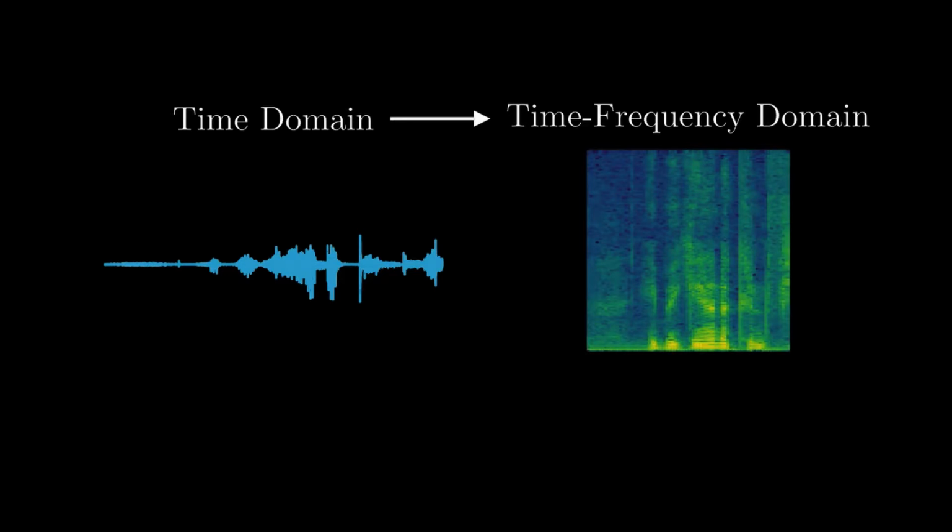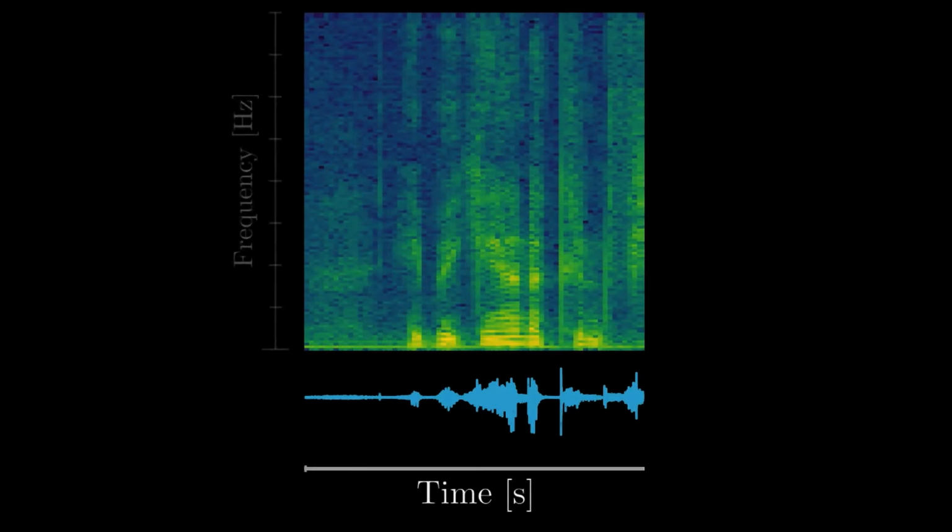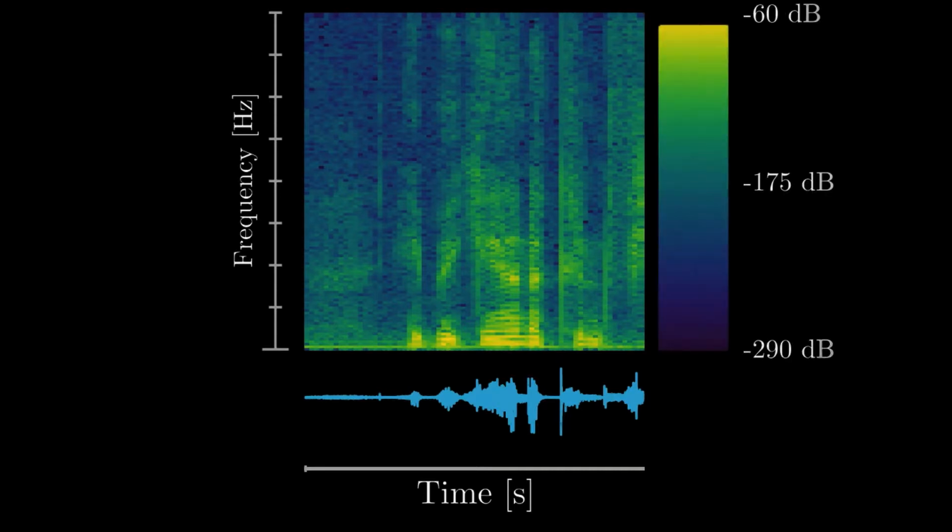Our representation on the right side, in the time-frequency domain, is called a spectrogram, with time shown on the x-axis and frequencies displayed on the y-axis. The different colors indicate the amplitude of a particular frequency at a particular time.